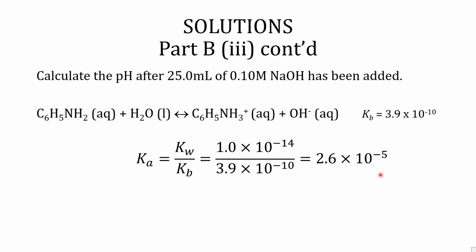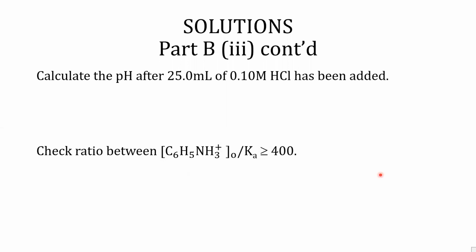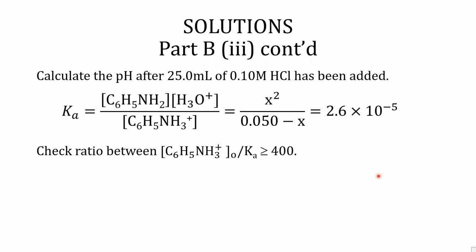To determine if one can assume X is small enough to ignore, one takes C6H5NH3+'s initial concentration and divides by Ka to see if the ratio is greater than or equal to 400.